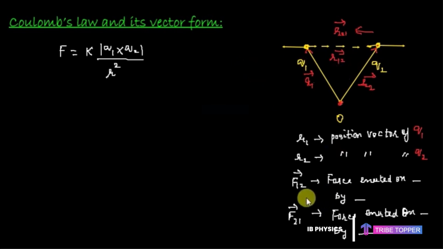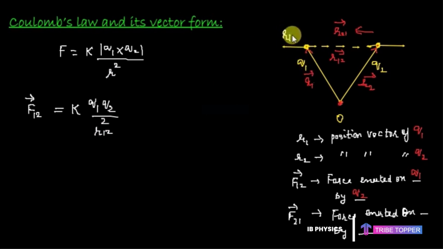Now F12 is the force exerted on Q1 by Q2. If I want to write it in vector form, I also have to mention the unit vector. So F12, the force exerted on 1 by 2, would be k times Q1 Q2, as the charges are scalar quantities, upon R12 square, times the unit vector R12.